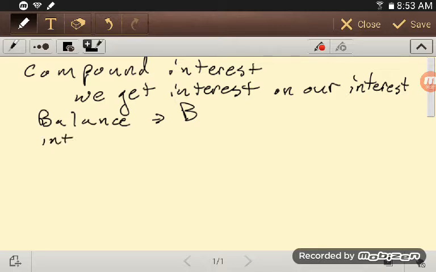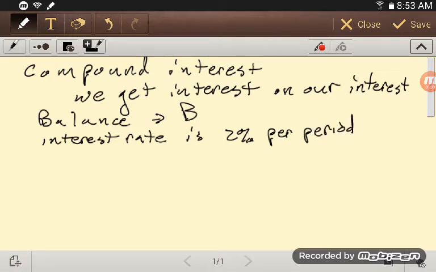So our interest rate is 2% per period. That period could be a month, it could be 6 months, it could be a year, it could be 3 months, it could be a day. But we're going to just leave it right now as it's per period, 2%.